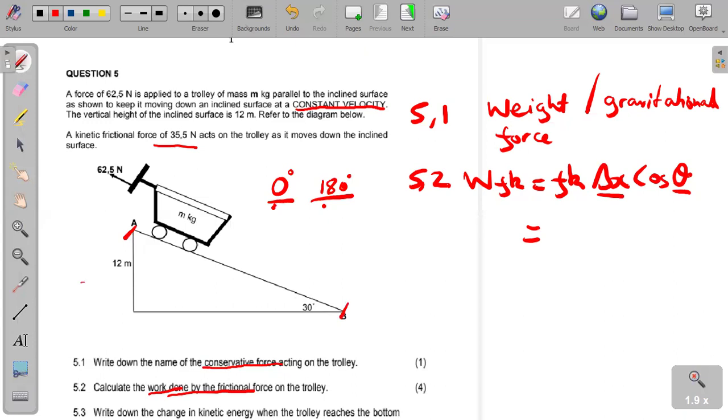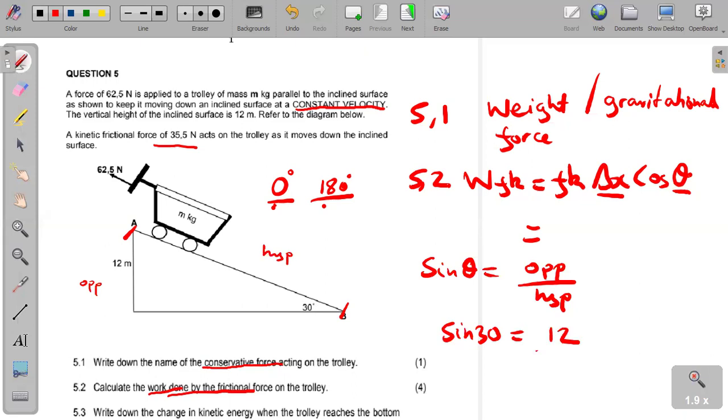This marks our opposite to the angle given, and this marks our hypotenuse. So which ratio can we use? We can use the sine theta ratio. Sine theta equals opposite over hypotenuse. Substituting, sine 30 is equal to the opposite, the perpendicular height h, which is 12, over the hypotenuse, which marks our delta x.